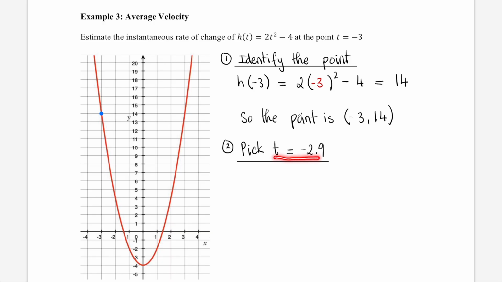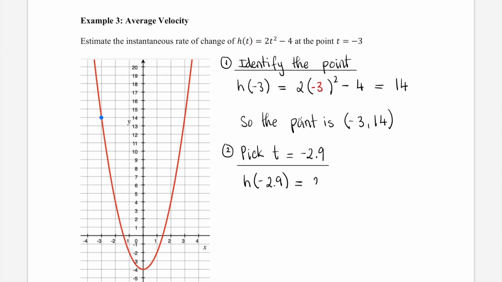When the input is negative 2.9, the output will be h of negative 2.9. So I'll replace t with negative 2.9 to find the output. And that point is negative 2.9, 12.82.